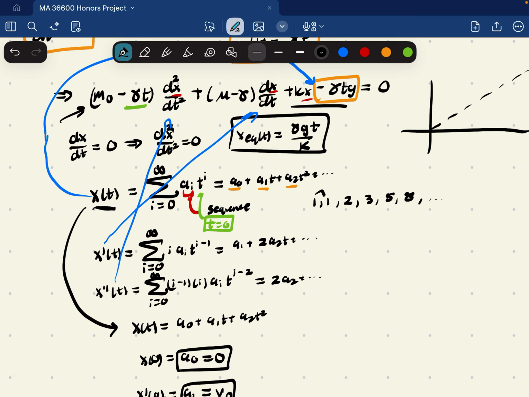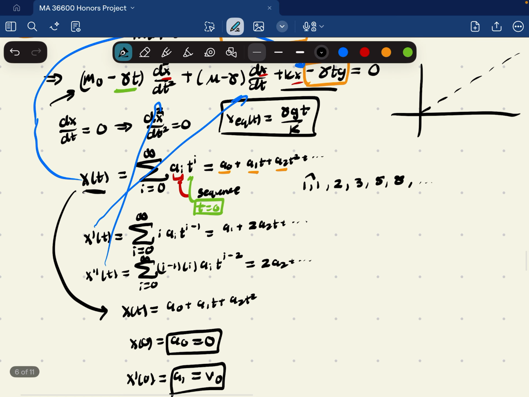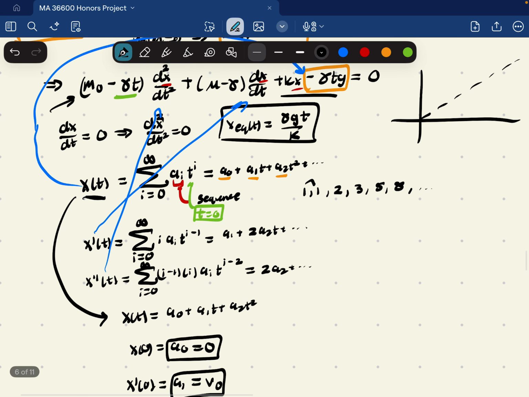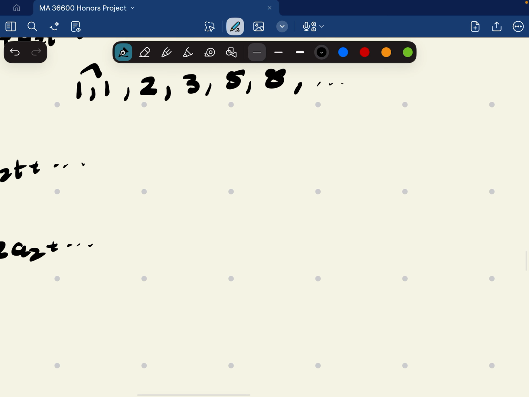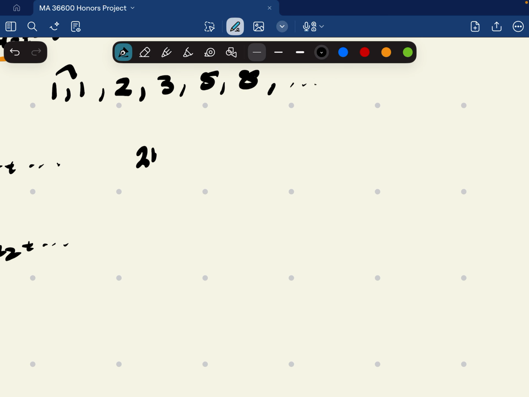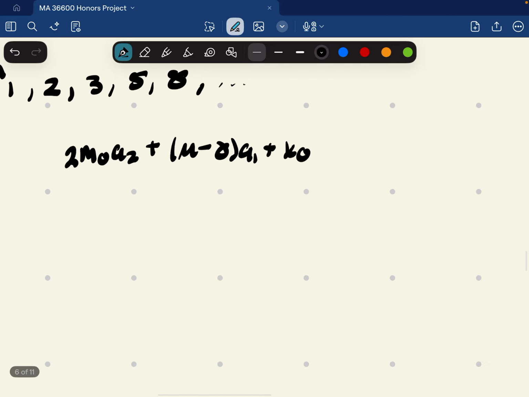Now I'm going to skip a few steps here. Once again, you can look at the PDF if you would like to see all of the mess. But the idea is, once I plug this in, I'm going to write this out here. You plug in the relationships that we got for x double prime and x prime, and you're going to get a big mess of equations.